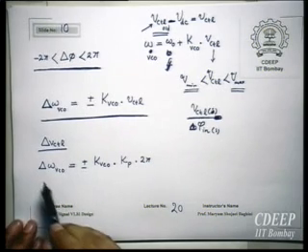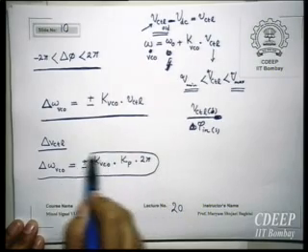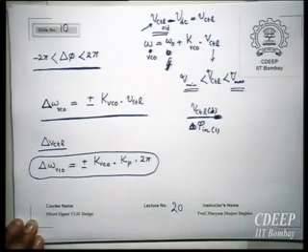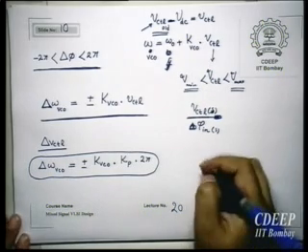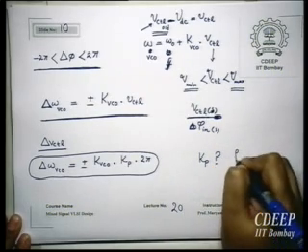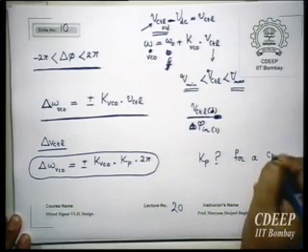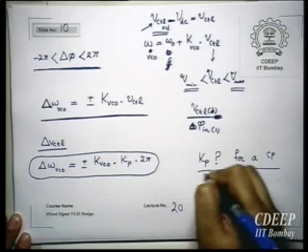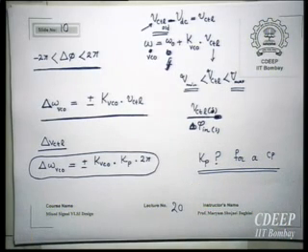Means that effectively this will be an estimation of lock range. Now the question is, what is value of Kp for the charge pump? You derive it.